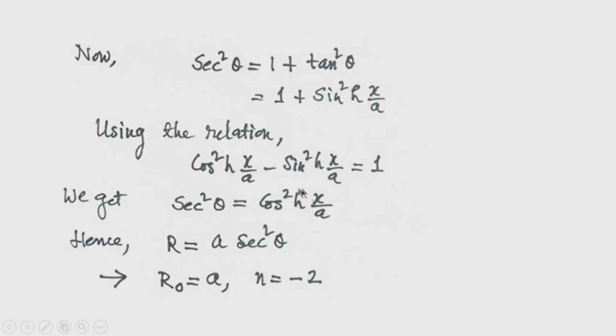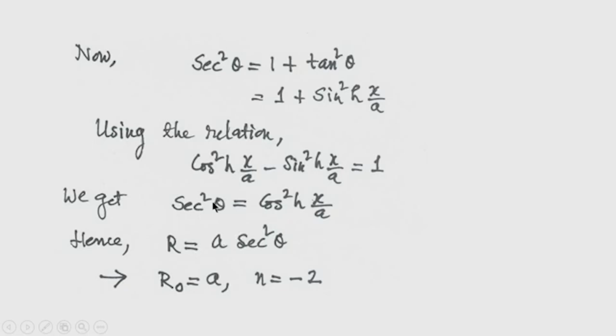Now, we know this trigonometrical identity, that is cos square hyperbolic x by a minus sin square hyperbolic x by a equal to 1. So, 1 plus sin hyperbolic square x by a will become cos hyperbolic square x by a. So, this is written here in this form and this is nothing but sec square theta.